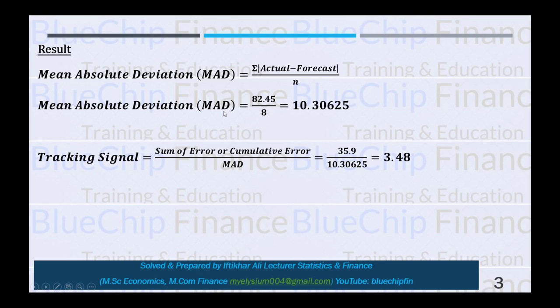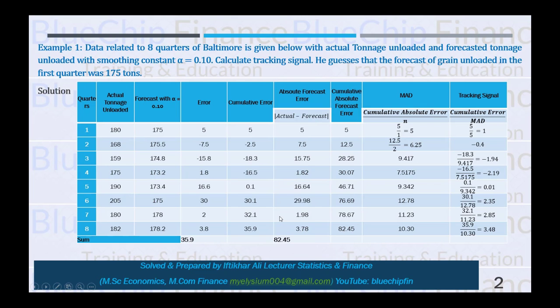After that, tracking signal equals the sum of error, or cumulative error, divided by the mean absolute deviation. Here the sum of error is 35.9, and the cumulative error is the last value, which is also 35.9.